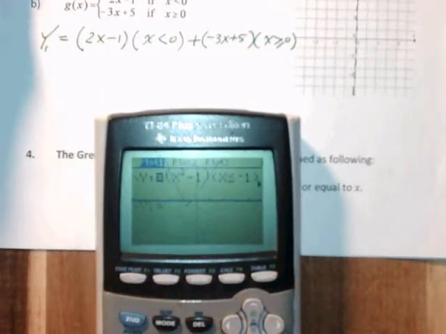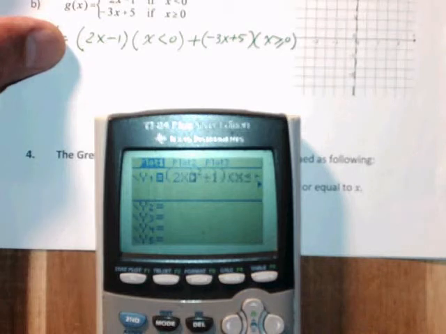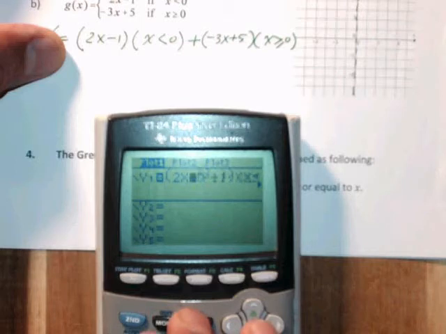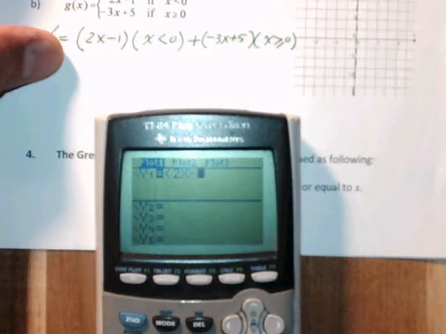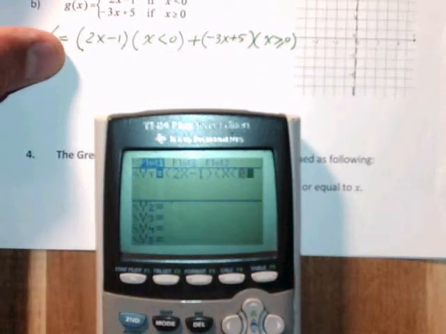Okay. So let's go to y equal to. 2x minus 1, parentheses x, second math, less than is number 5, 0.